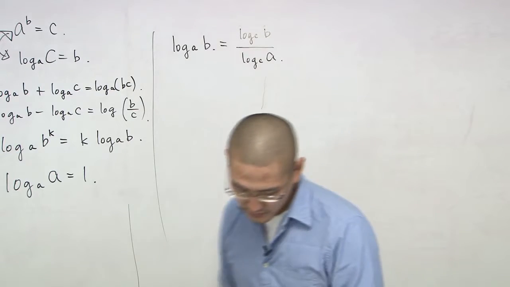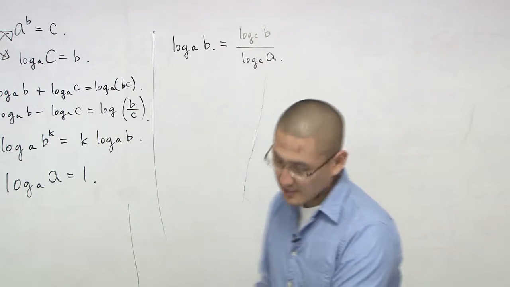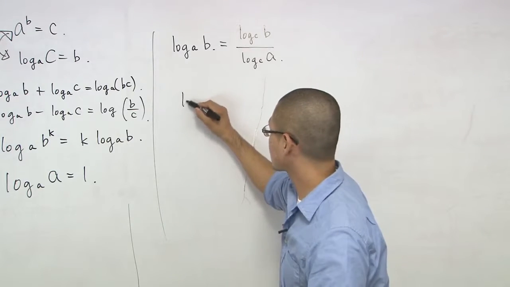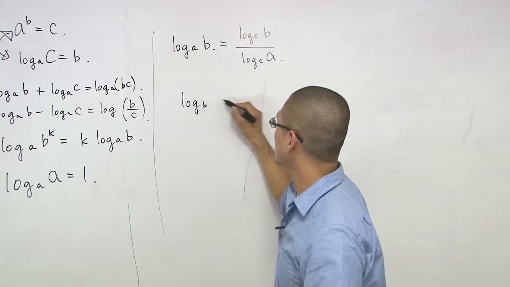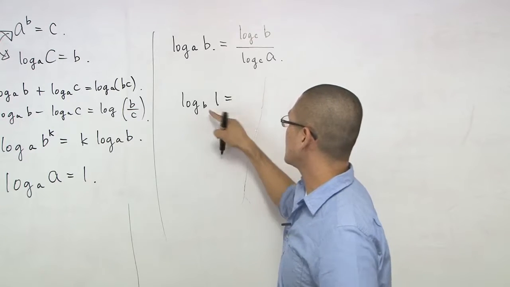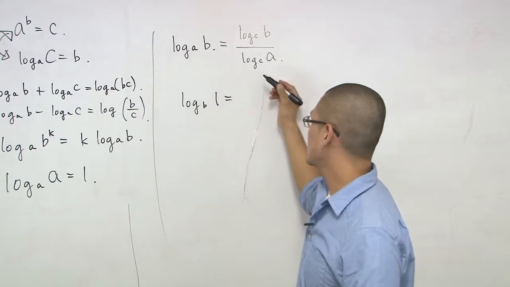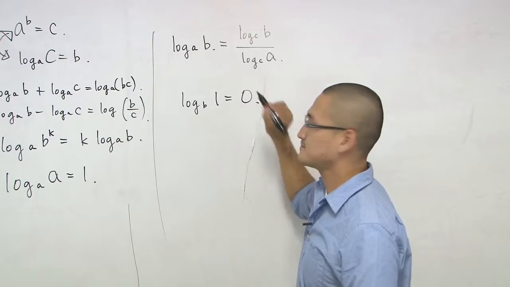So that's true as well. And one more thing is logarithm b to 1, any number here, 1 is going to give you 0.